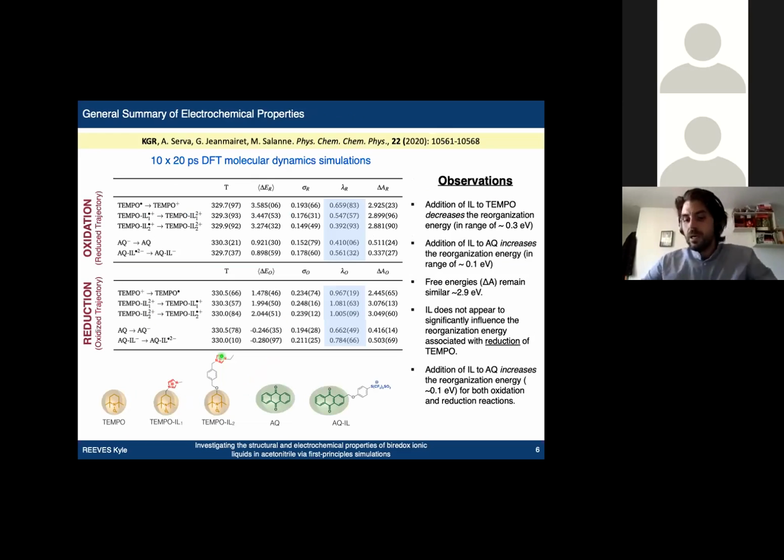So normally, given a group of chemists, I would present all the results. But knowing that we're a mixed group of scientists, I won't spend too much time focusing on these results. If you are interested, I've noted the publication for these results at the top, so you're welcome to peruse that.